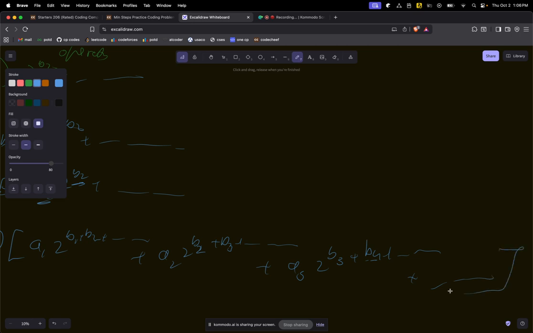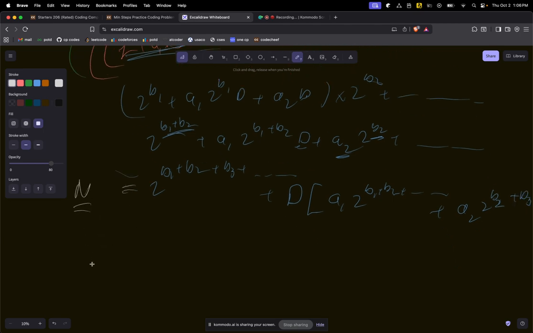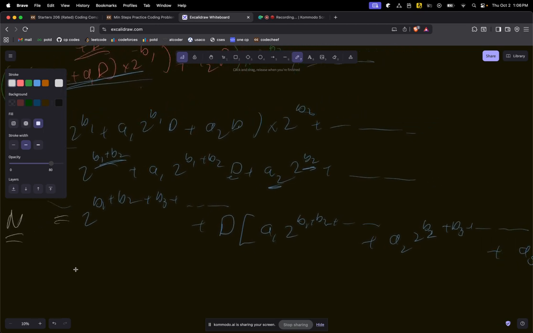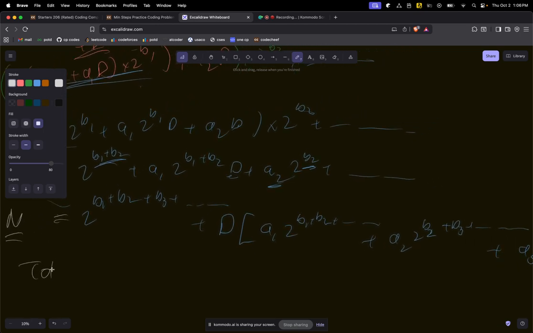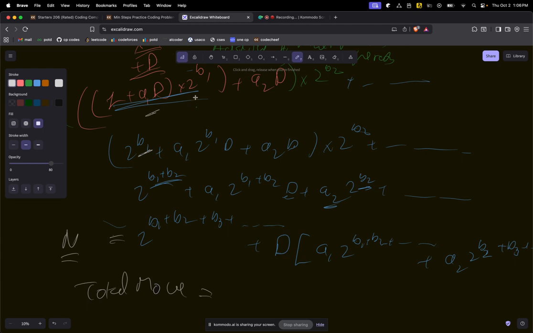So this is the final operation that I want, and this should be equal to what? This should be equal to n, right? So this all has to be equal to n. And what is the total operations that I'm performing? So total operations or total moves would be, see, we do a1 addition, then we do b1 multiplication, then we do a2 addition.